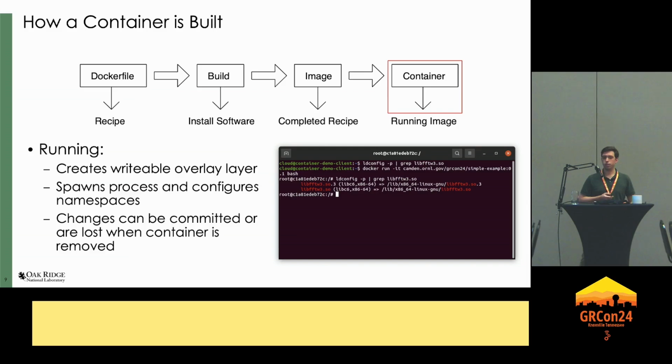In that next command, I run the container that I just built previously, and now that I'm inside the container, I run that exact same command to check if the FFTW3 library is installed, and there it is in the output, so it is installed. The purpose of this is to demonstrate specifically that, like I mentioned previously, the libraries and dependencies of your container are always separate from the libraries and dependencies that are running on your host.